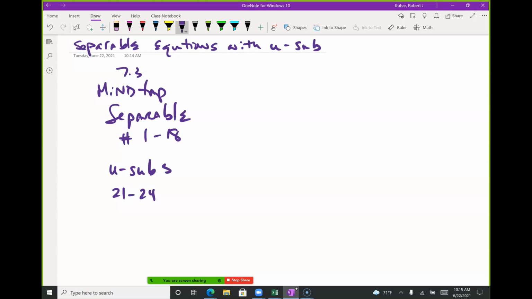You can do the evens because you can check them with the slope field and your calculator. So there are a couple of u subs to try in there.